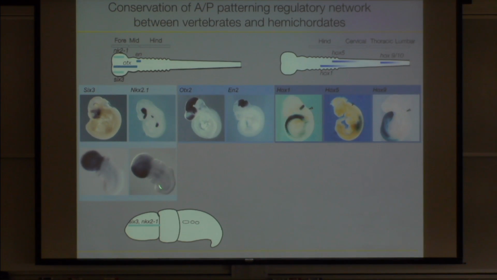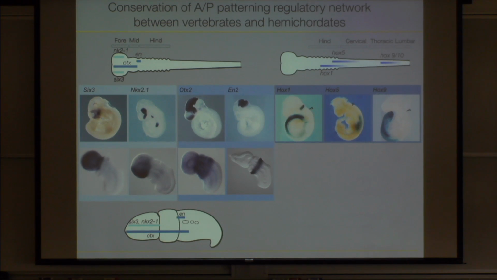Both of these genes that are markers of forebrain are also expressed in the hemichordate. However, they're not expressed uniquely on the dorsal or ventral midline, which is where a CNS might be. They're expressed in rings around the entire ectoderm, which is where the basiepithelial nerve net is. So it's not marking specifically a central nervous system, it's actually marking nervous system in general.